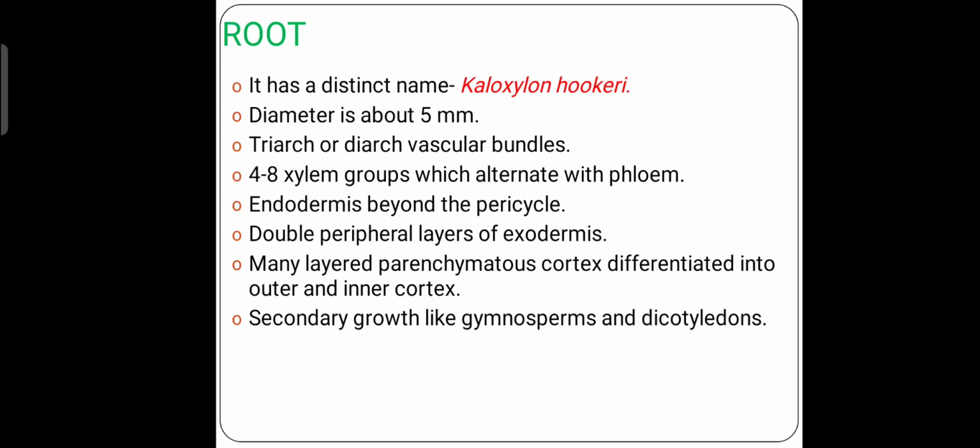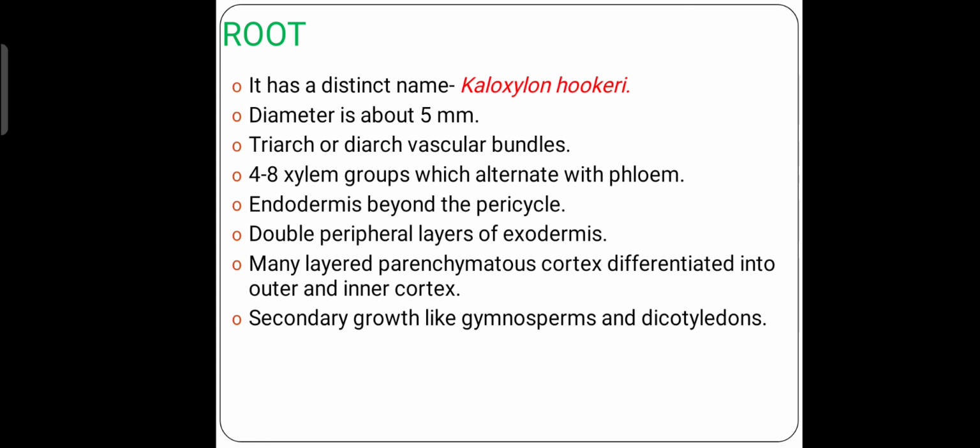Then what kind of root structure does Lyginopteris have? We will see. It has a distinct name, Kaloxylon hookeri. Diameter of the root is about 5 mm, and vascular bundles are either triarch or diarch. It means they have 3 xylem groups or 2. Then 4 to 8 xylem groups which alternate with phloem are present in the root. Endodermis is present beyond the pericycle, and there are double peripheral layers of exodermis.